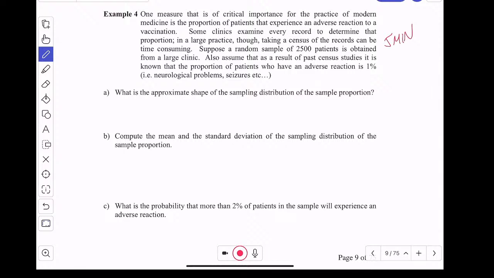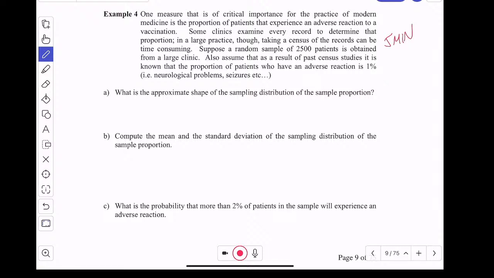One measure that is of critical importance for the practice of modern medicine is the proportion of patients that experience an adverse reaction to a vaccination. Some clinics examine every record to determine that proportion. In a large practice, though, taking a census of the records can be time-consuming. Suppose a random sample of 2,500 patients is obtained from a large clinic.